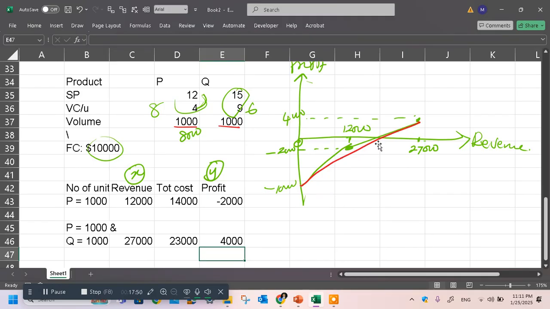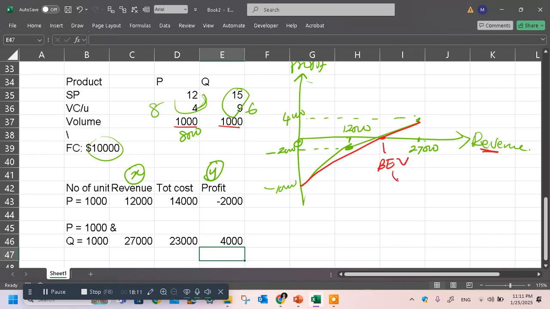This point. So what is this red color line? Red color line in this graph explains the profit graph if products are sold simultaneously, if products are sold at a constant mix of 1:1, and this would be the break even. Not units, because you are taking revenue on the x-axis, break even value.